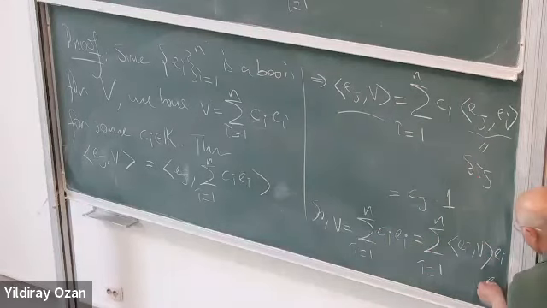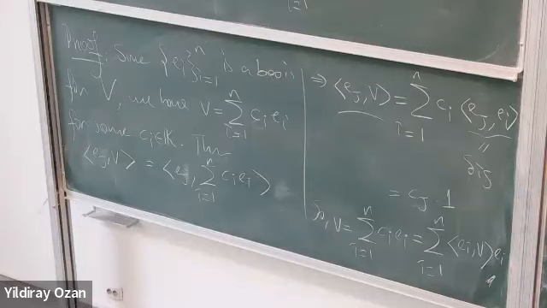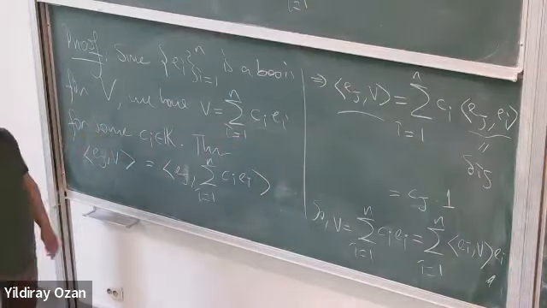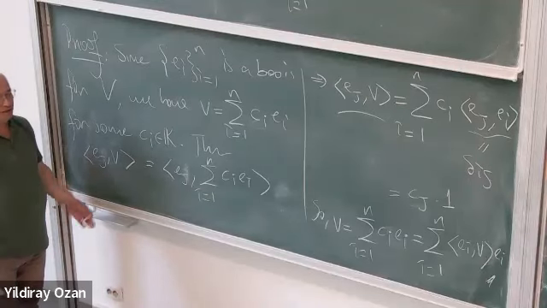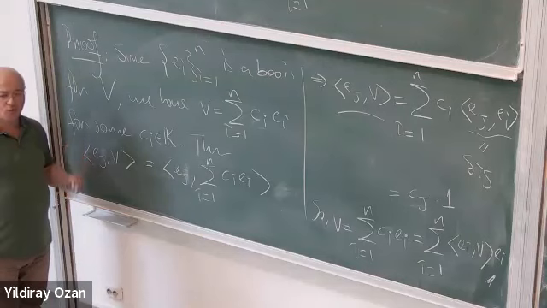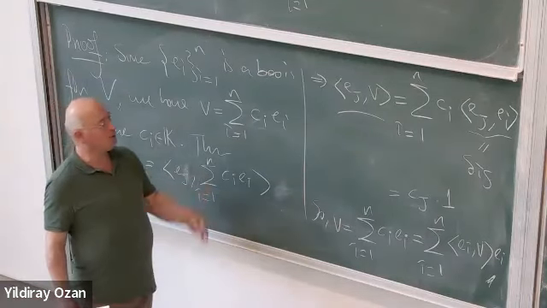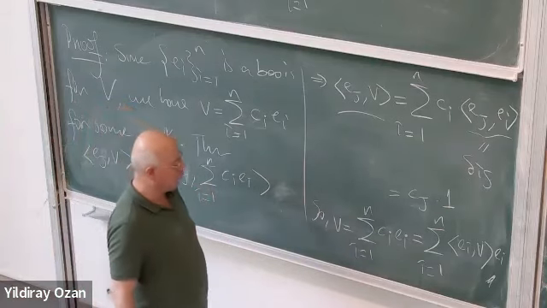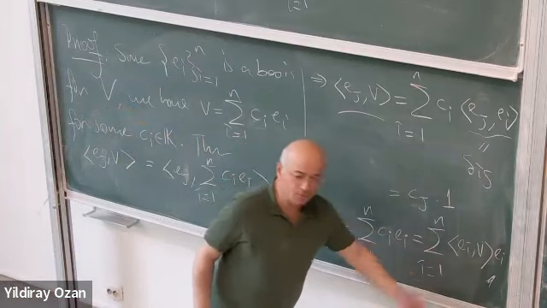Okay, so we are done. Normally, in general, writing a given vector in terms of basis elements is a difficult task, right? You have to solve a system of equations. But if your basis is an orthonormal basis, then you don't have to solve a system. You have to just compute this coefficient, okay?